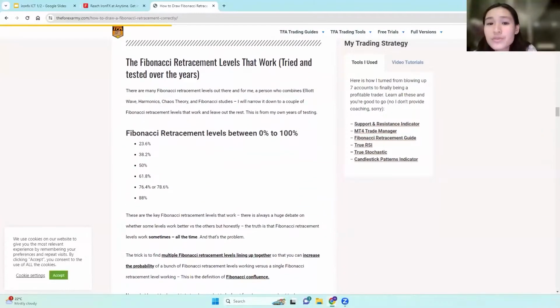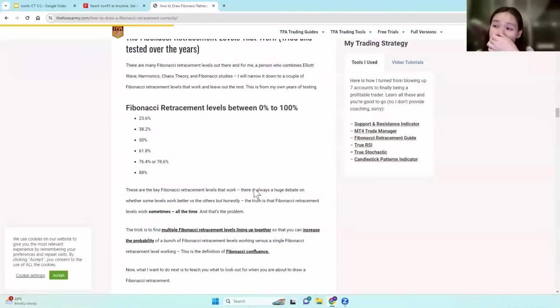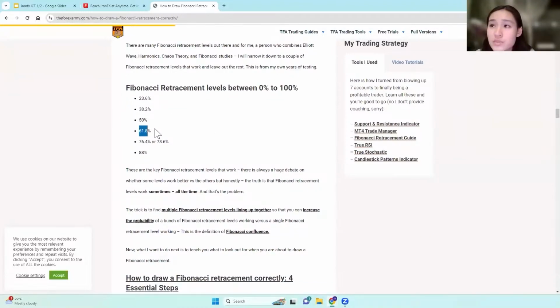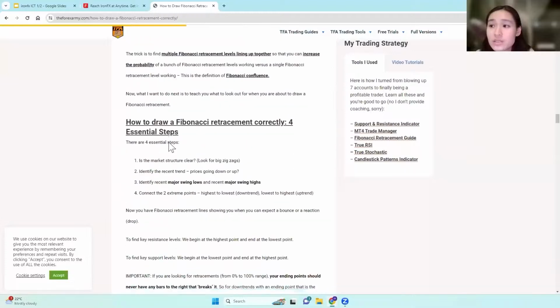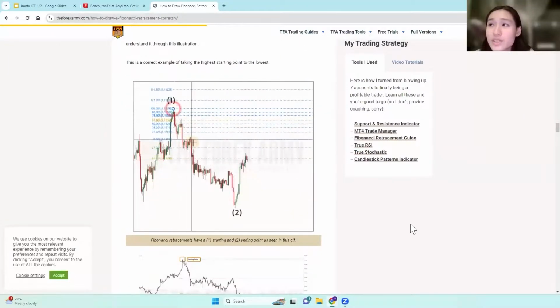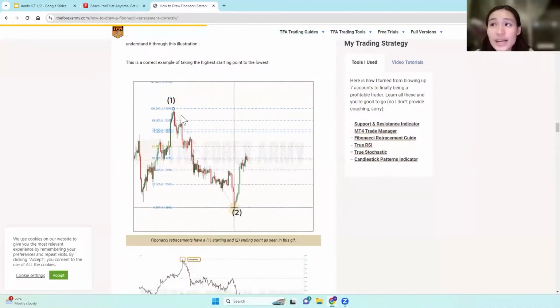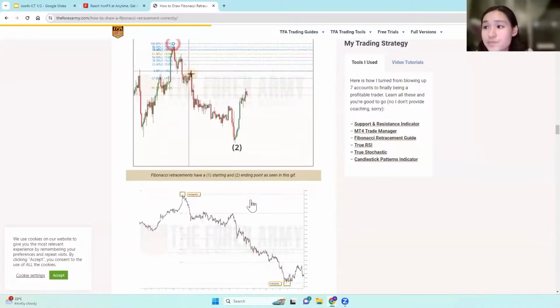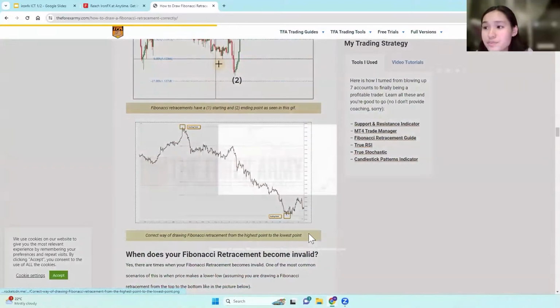If you're using the ICT to find an optimal trade entry, they recommend using a Fibonacci between 61.8 and 78.6. Although we typically use these levels, you would just be looking at these two levels here. How that works is basically by looking at the highest starting point to the lowest.